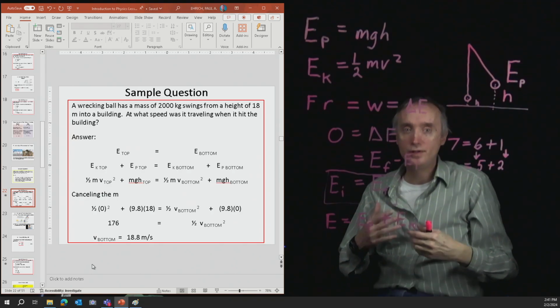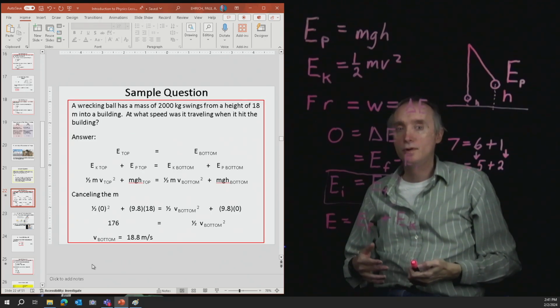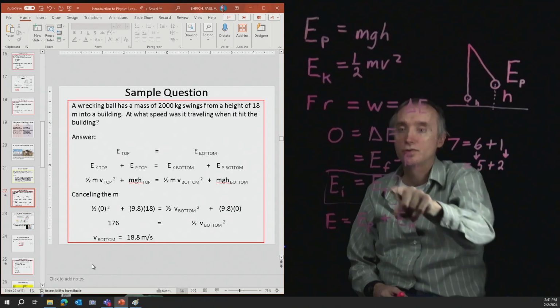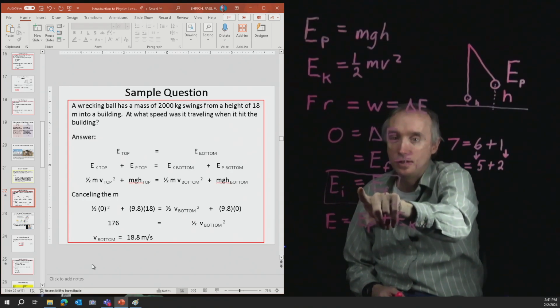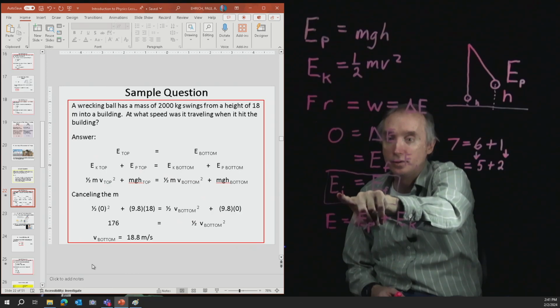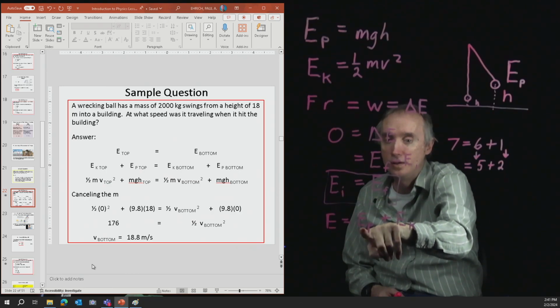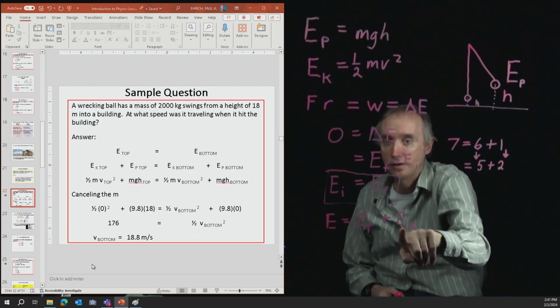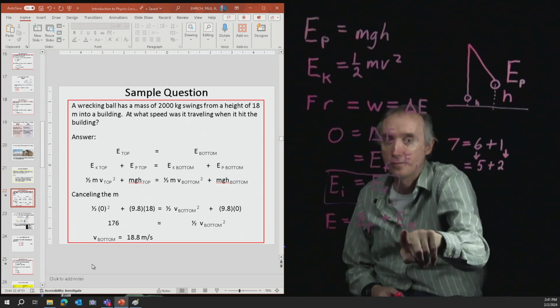So just like we did momentum problems, we're going to begin with the total energy before has to equal the total energy after. Now, what can that energy be? So the total energy before could be either potential or kinetic, and then afterwards it can be potential or kinetic.